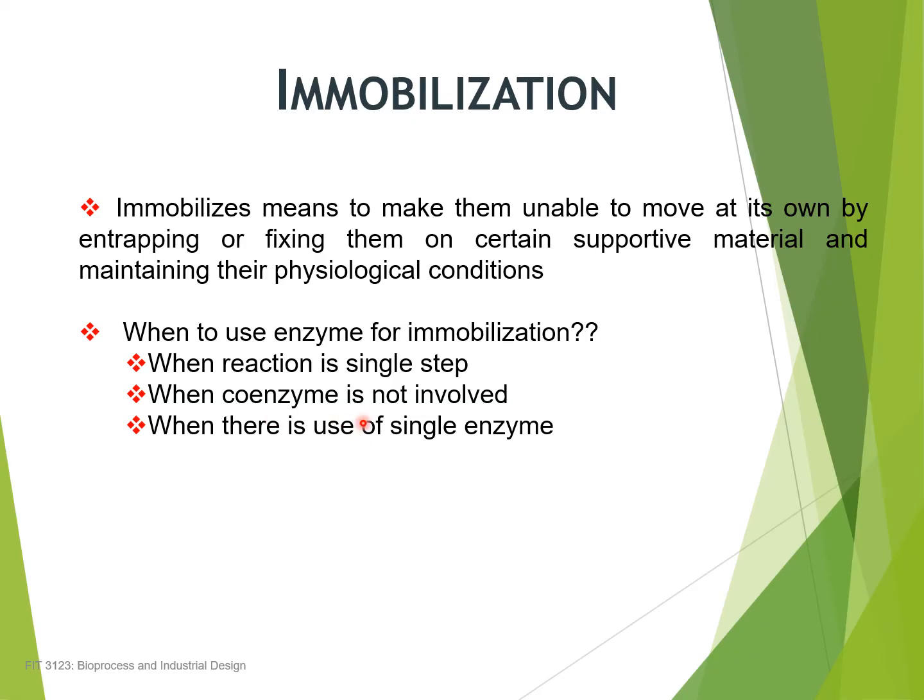Number two, there is no need of any coenzyme, meaning only one enzyme is used and no coenzyme is added. Why? Because if you have lots of different kinds of enzyme immobilized into a support material, it will reduce the yield of the product and make purification difficult later.